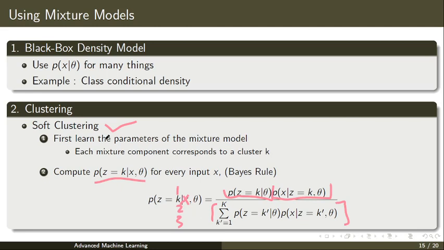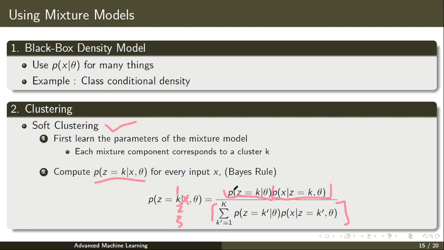So, soft clustering is a simple procedure in which we try to learn the parameters of the mixture model. The value x is visible to us, and the probability distribution of x given z equal to k is visible to us. Then we need to identify z.